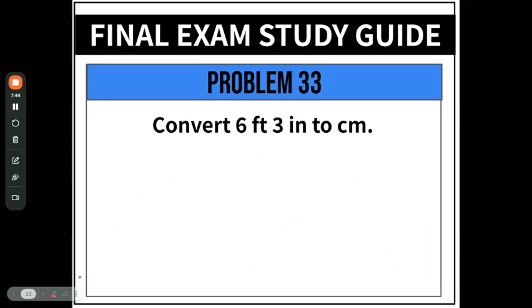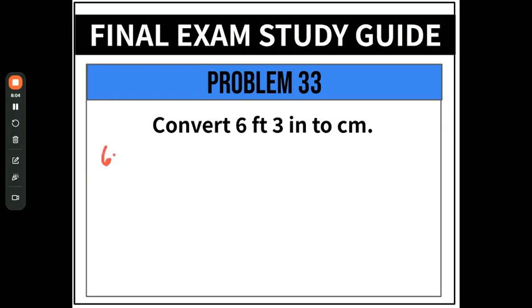Okay, number 33, convert 6 foot 3 inches to centimeters. So since what they gave me here is in feet and inches, I'm going to help myself out. I'm going to put the whole thing in inches. That's going to make it a lot simpler for us.